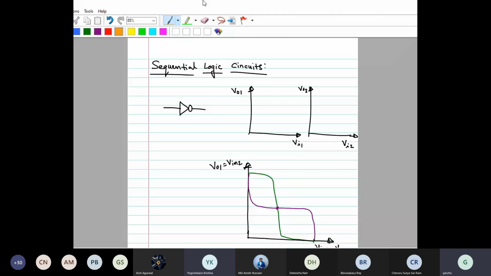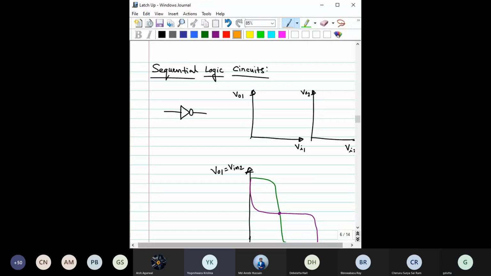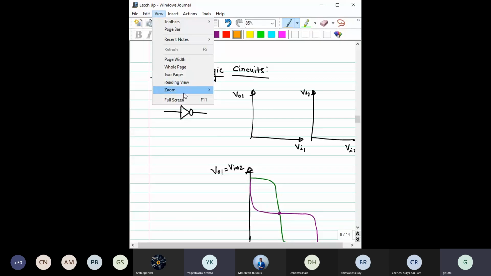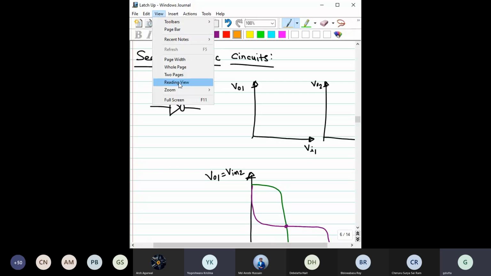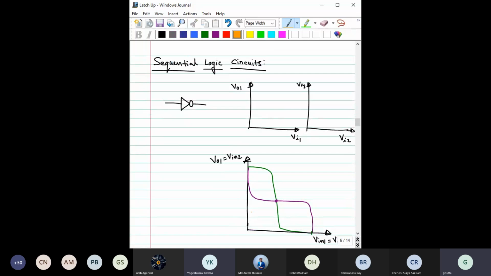So if I make it like this and set the zoom, there is an option called page width. Then only this part would be recorded because I am sharing only this much.